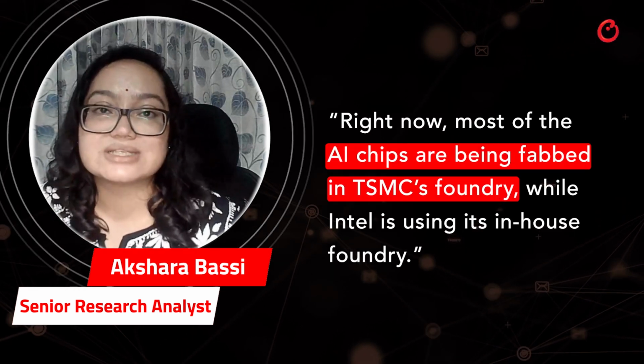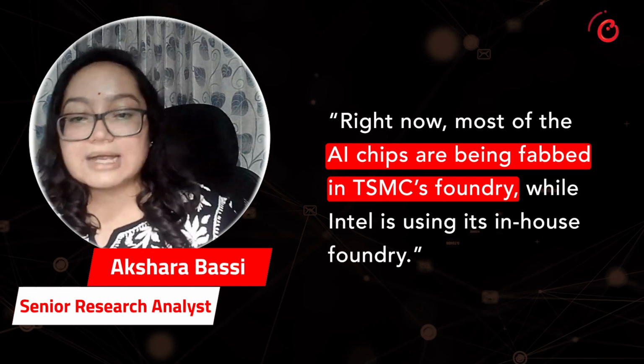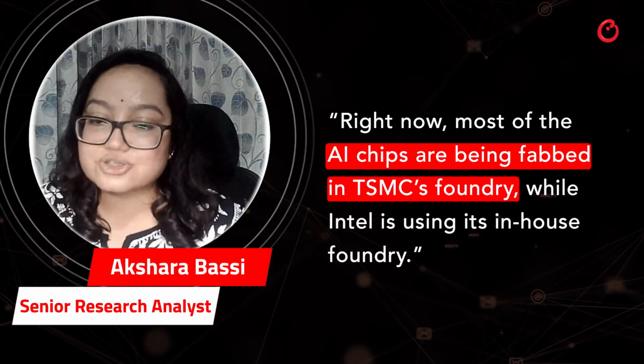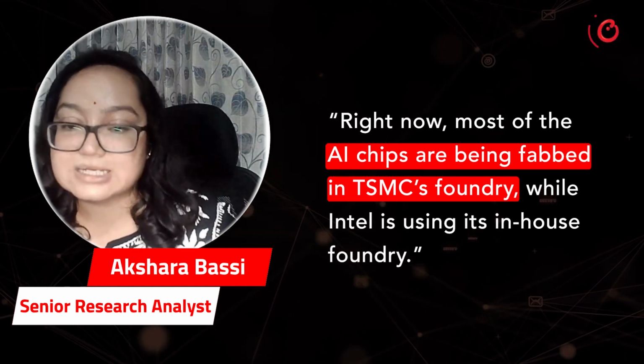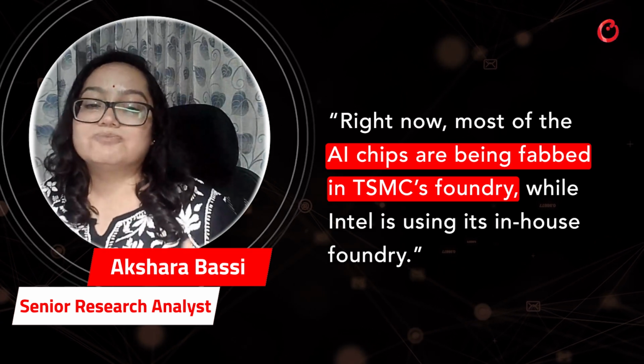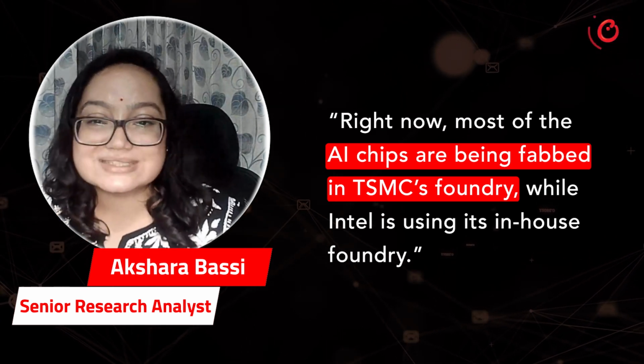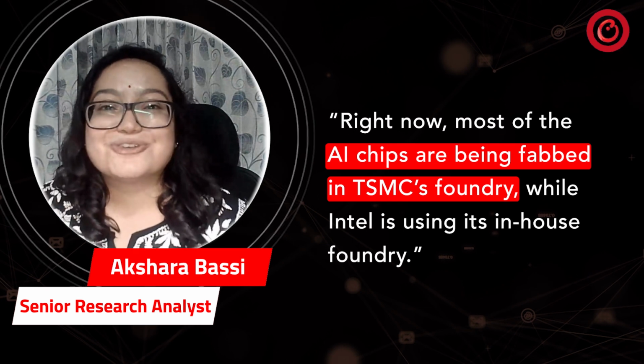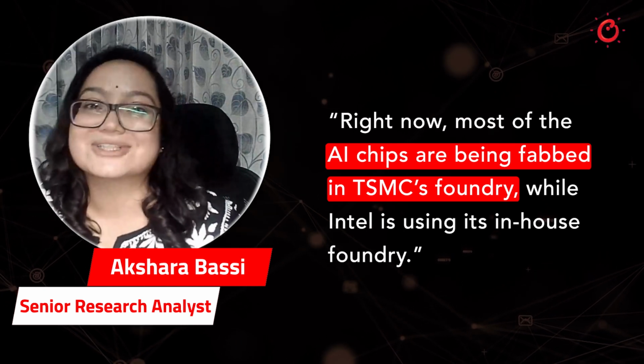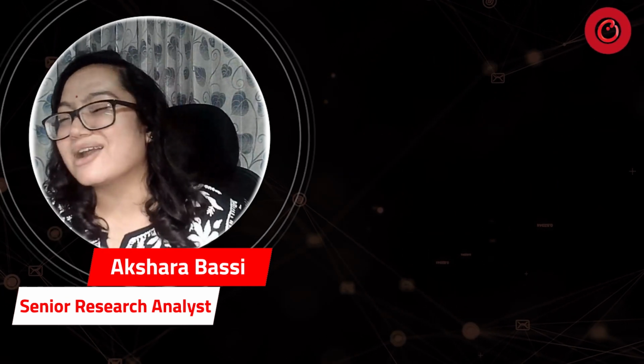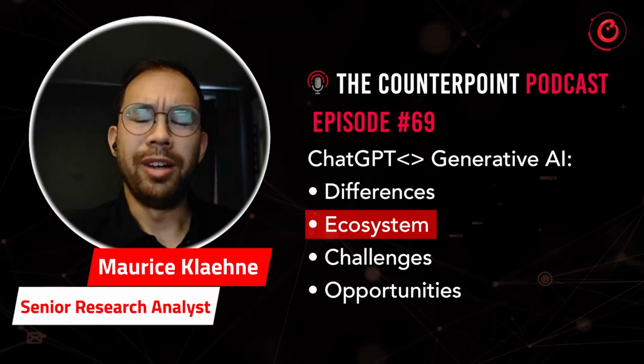Intel is, of course, using its in-house foundry, but everything else is actually being fabbed on TSMC right now. So this is the whole ecosystem that we have talked about, from software providers or the application providers to hardware and manufacturing.